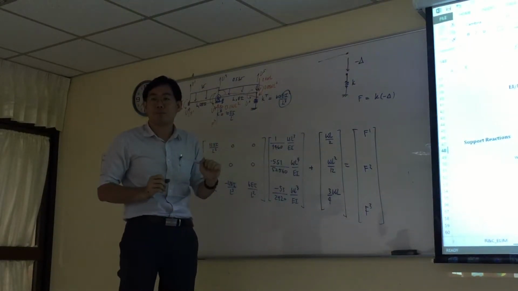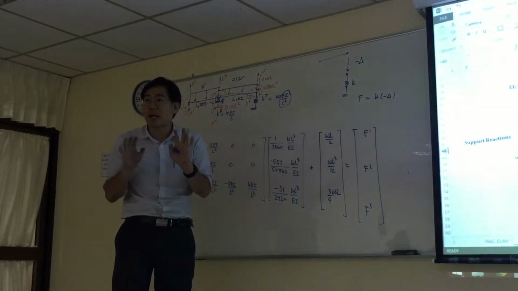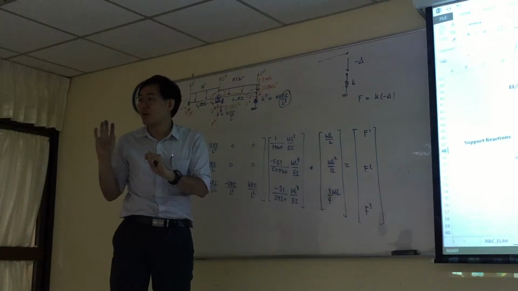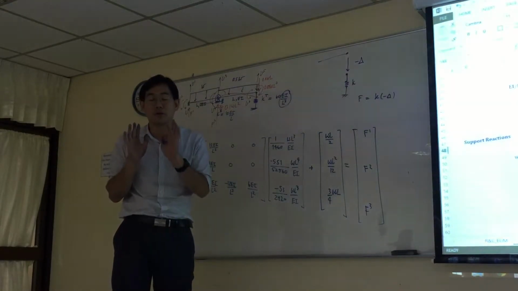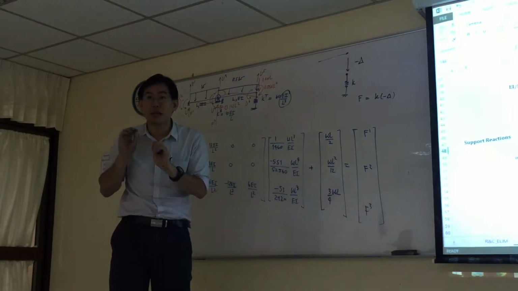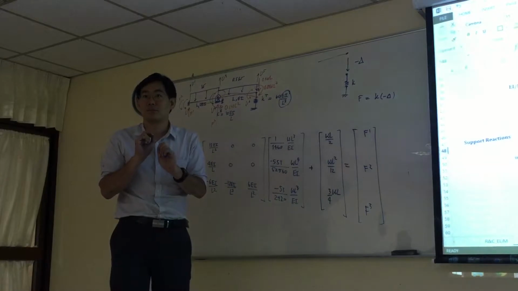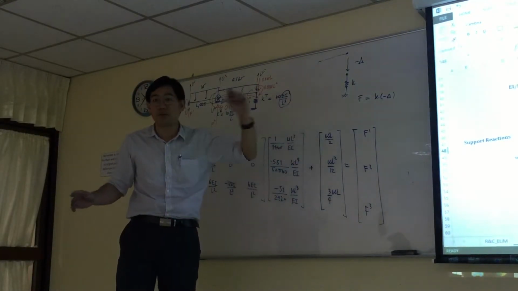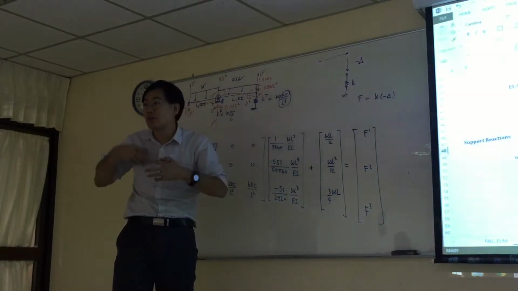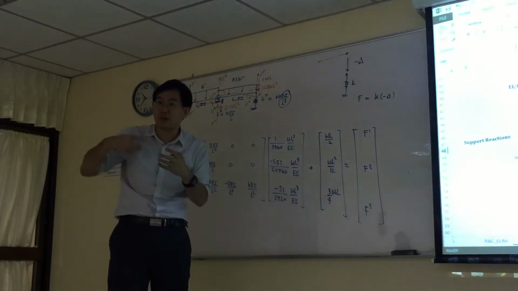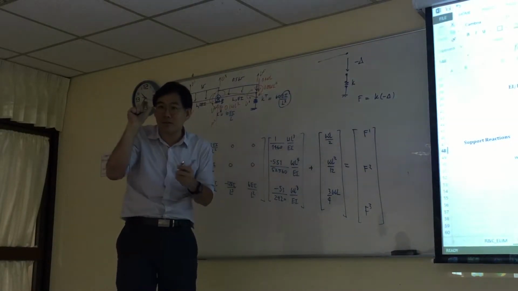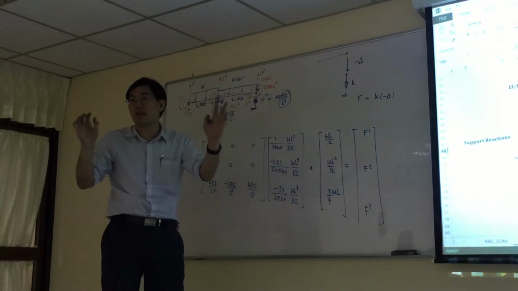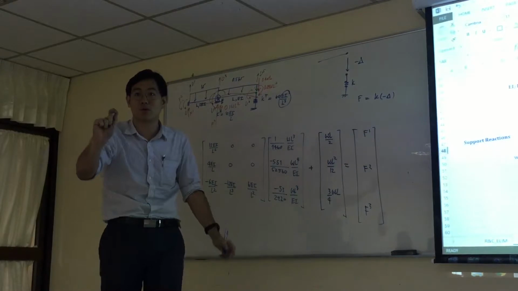At the support, look at the support like a spring, a spring that is extremely stiff. So you put a large spring stiffness in your stiffness matrix. As the spring gets stiffer and stiffer, your displacement will be smaller and smaller. If it is huge, the displacement will approach 0.